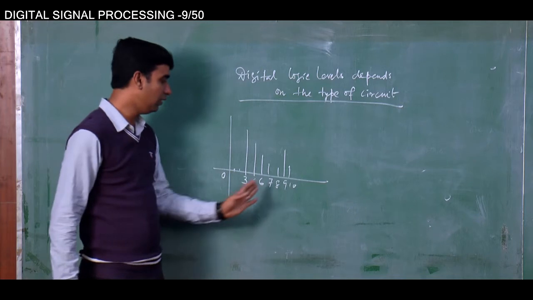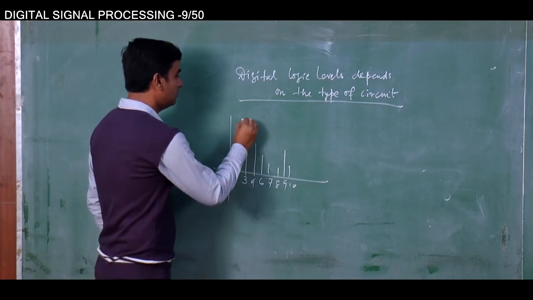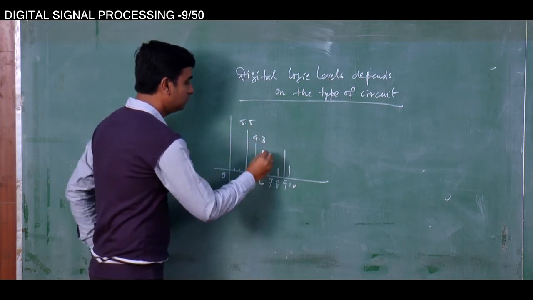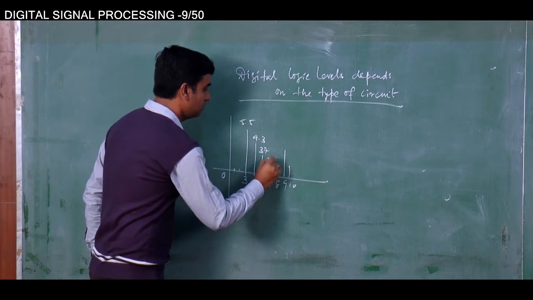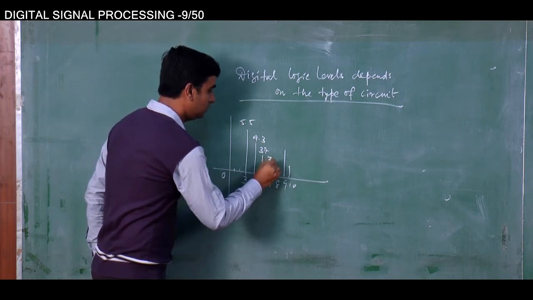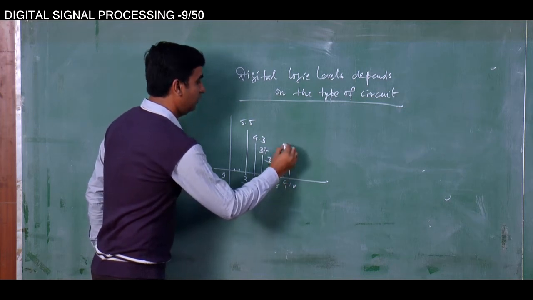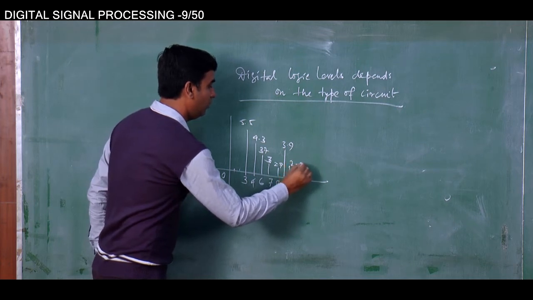Then onwards, every point of time there is a value. And these values are, say this is 5.5, this is 4.3, this is 3.7, this is 3 exactly, maybe this is 2.7, then 3.9 and this is say 2.8.